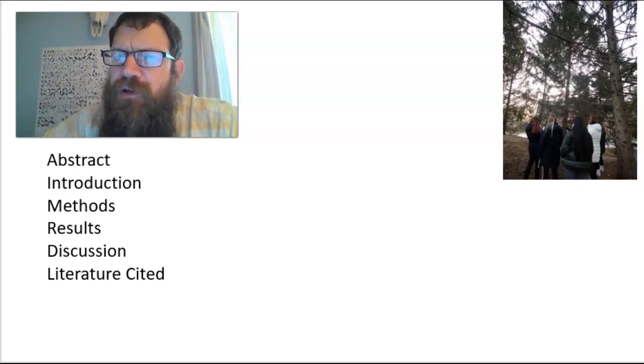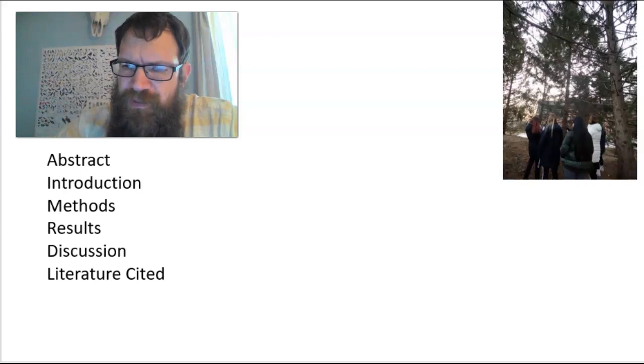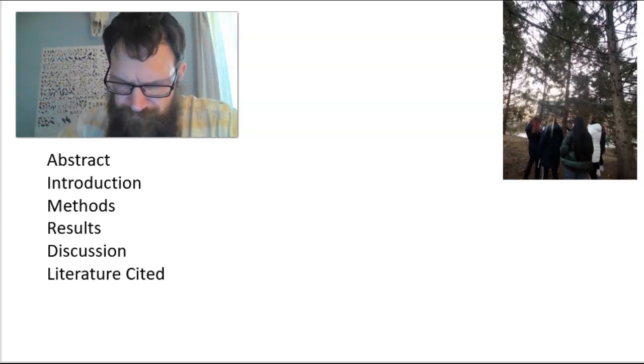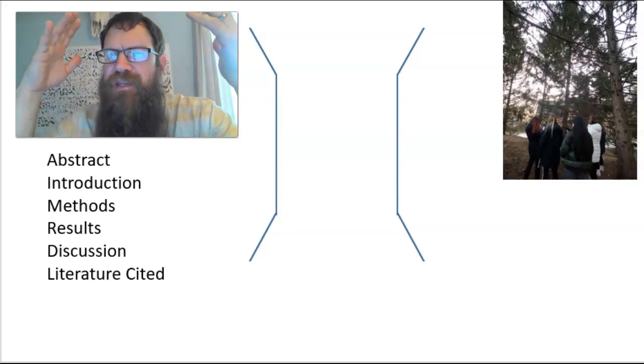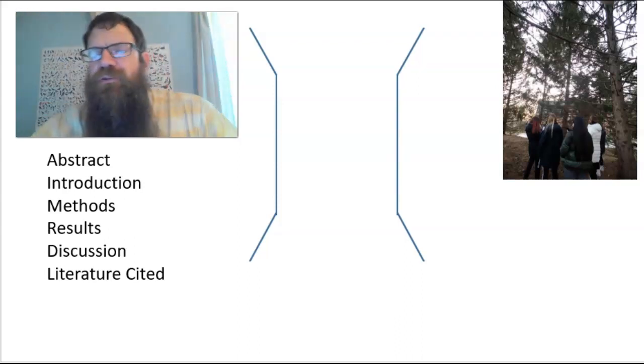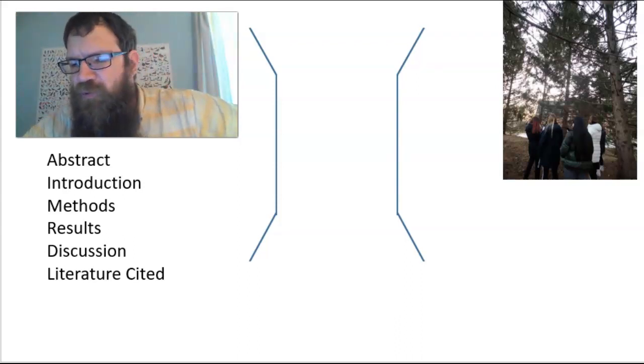So we're going to talk about what goes in each of these parts. And we're going to focus here on those middle four, the introduction, methods, results, and discussion. And those four are arranged in sort of what you think of as like an hourglass shape. Remember back when there used to be hourglasses in board games?